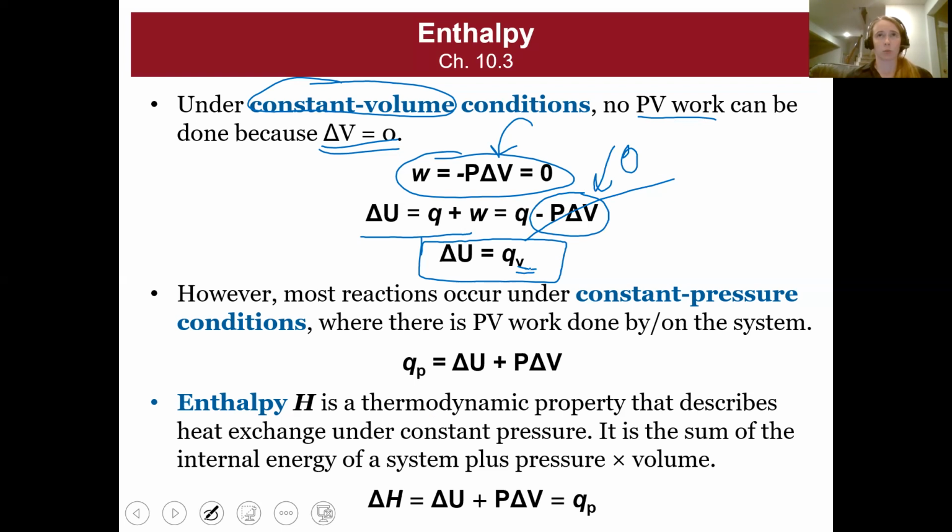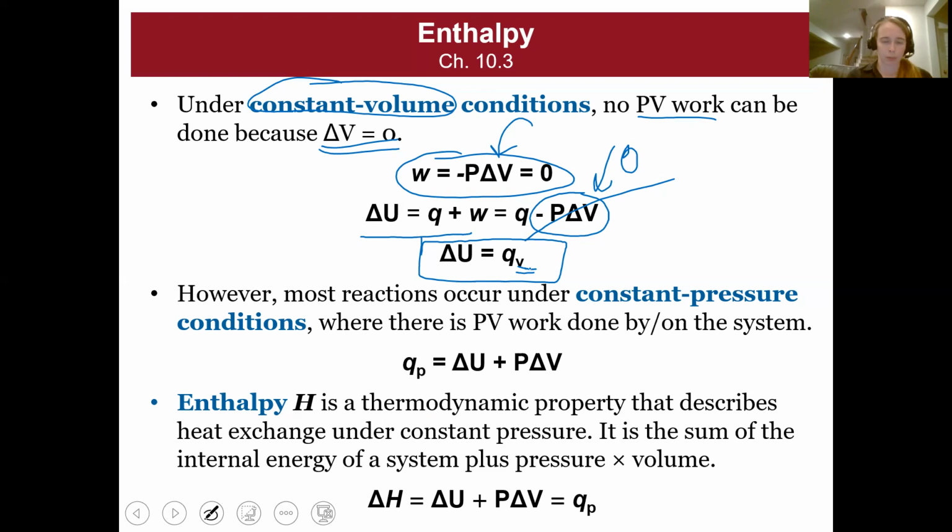If we're doing some explosive reactions in these containers, that pressure builds up, and unless we have a really good seal, it could get dangerous if the lid pops off. So instead, we perform most reactions under constant pressure conditions where we have an open system. Our reaction is open to the atmosphere so that pressure remains constant.